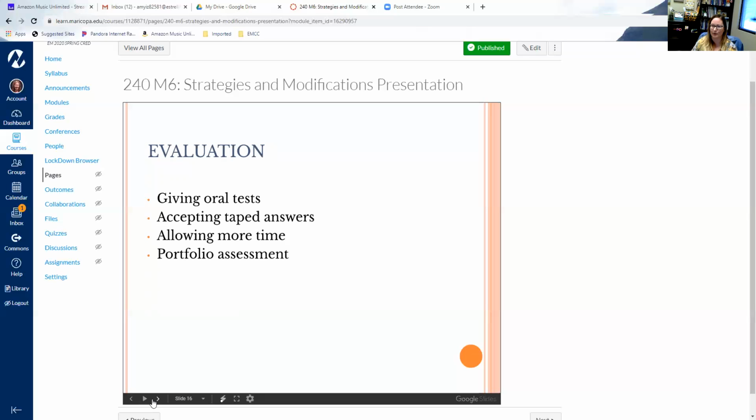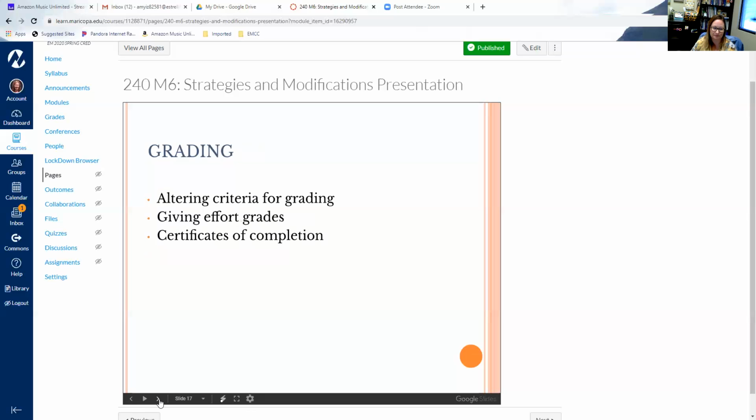I've had students who have recorded themselves doing their book report or recorded themselves doing something because they have a hard time doing it in front of others, but if they can practice and then do it on their own, sometimes that's easier for them. Do they need more time for their evaluation? Do we need to use more portfolio or project-based assessments to tell if they're learning those skills?